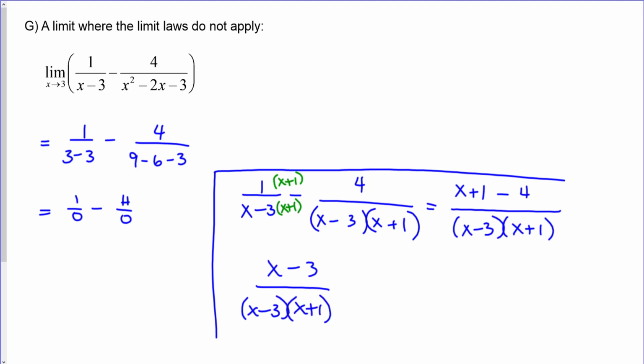I have a factor of x minus 3 in both the numerator and denominator, which cancel away. So 1 over x plus 1.